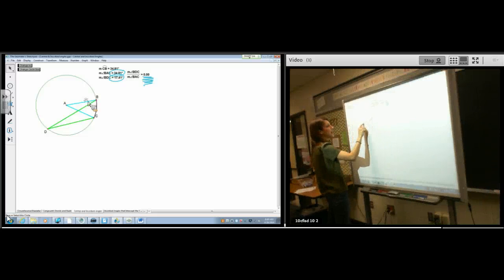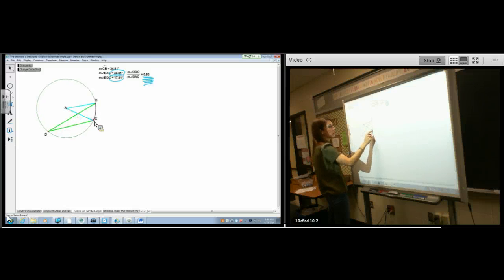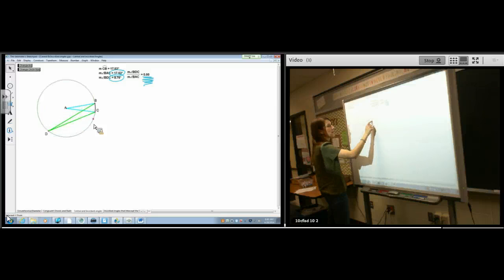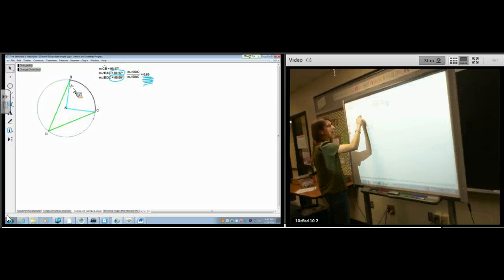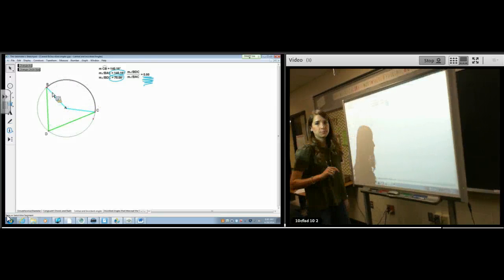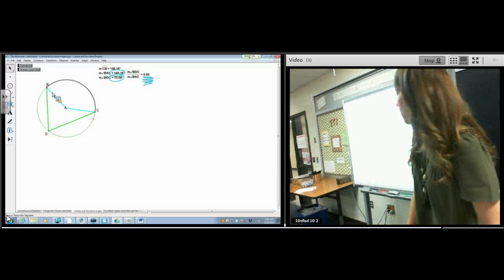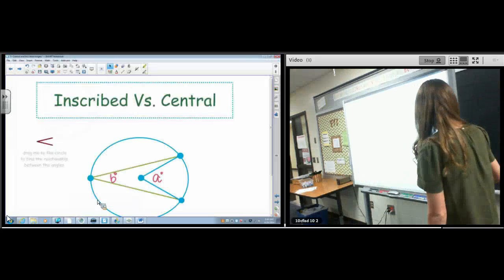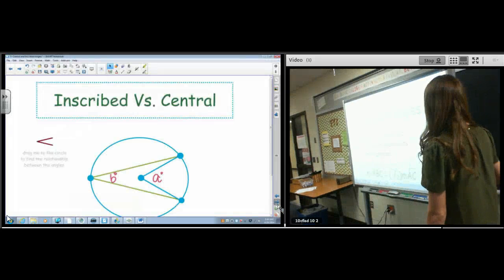I can even change the size of my circle. There we go. I can change the size of my circle, but it doesn't change the fact that the inscribed angle is half of the arc. So, good to know. An inscribed angle is half of a central angle, and therefore it's half of the arc.